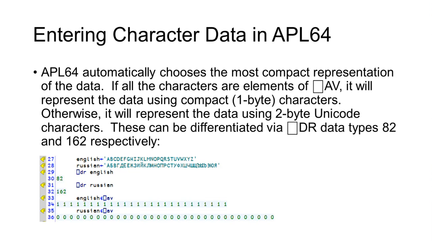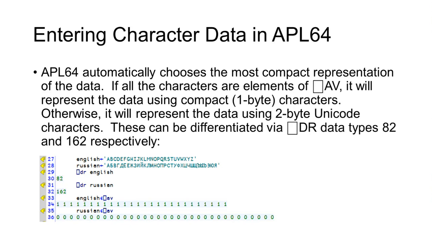You can differentiate between the type of string you've got by looking at the monadic quad DR of the data. It will return 82 if it is standard traditional APL single byte character, and 162 if it is Unicode characters, a 2-byte array representation.